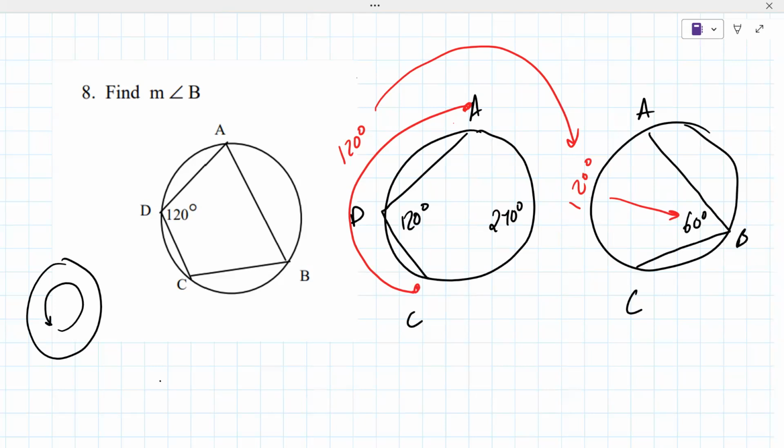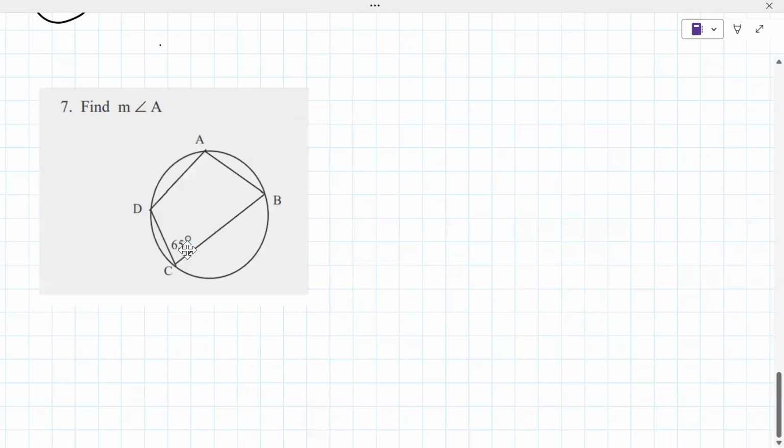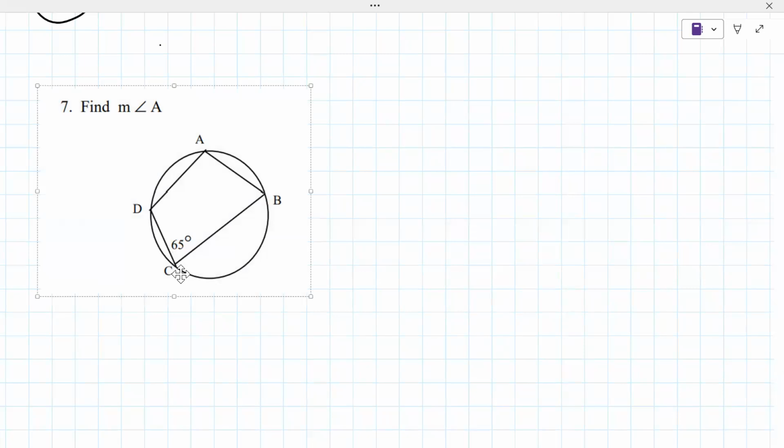If you don't, that's okay, I'll scroll up. But here is your problem to try. So do you want me to just tell you the angle A? Yep.